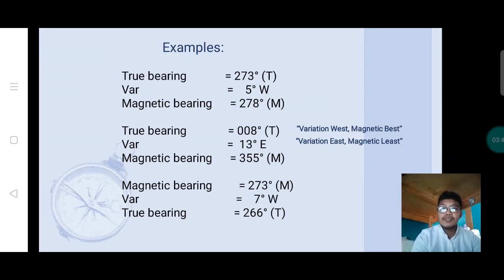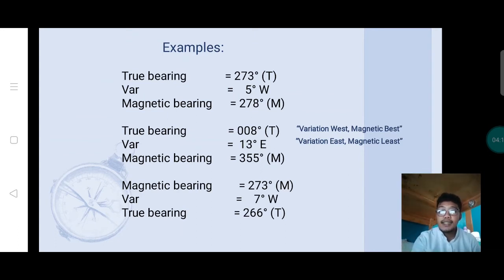So the magnetic bearing will be 278. The variation is west, meaning the magnetic bearing is greater, so magnetic is best. As you can see, 273 true versus the magnetic bearing 278. So this means magnetic is best.